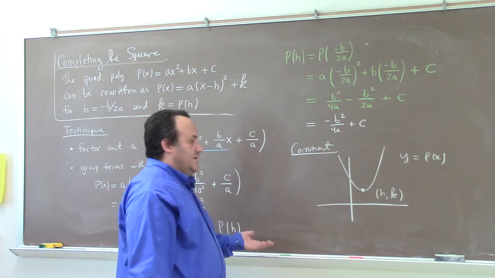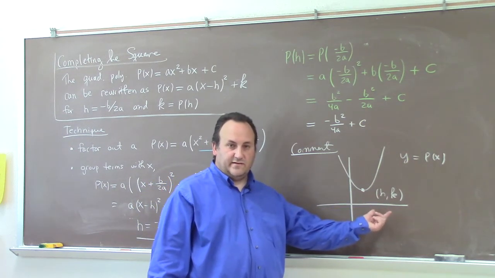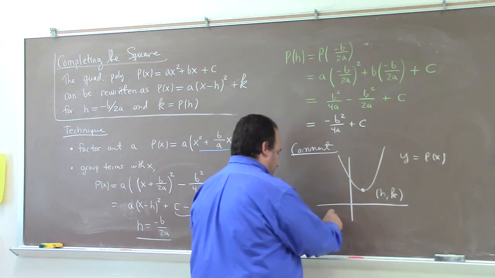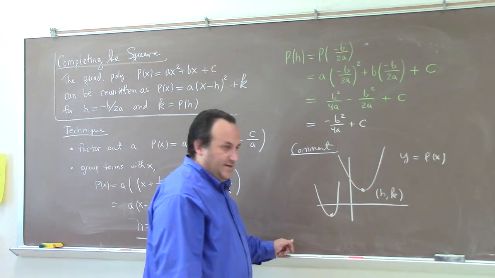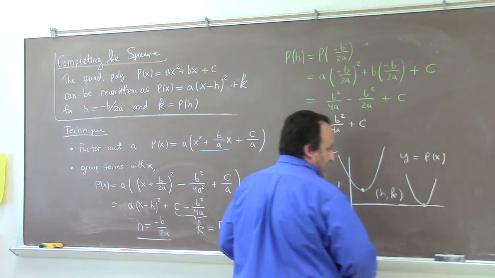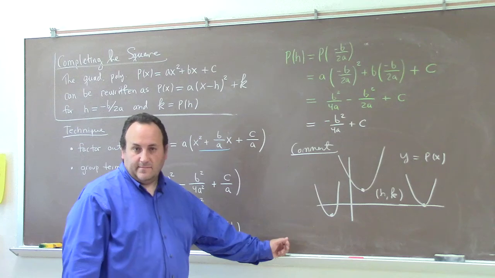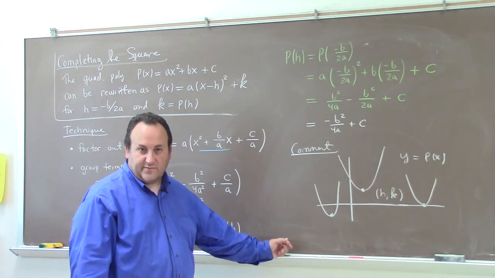And of course, if the parabola looks like this, it has no real zeros. If it looks like this, it has 2 real zeros. If it looks like this, if it bounces, it has 1 real zero. Those are your 3 choices: no x-intercept, 2 x-intercepts, or 1 x-intercept.